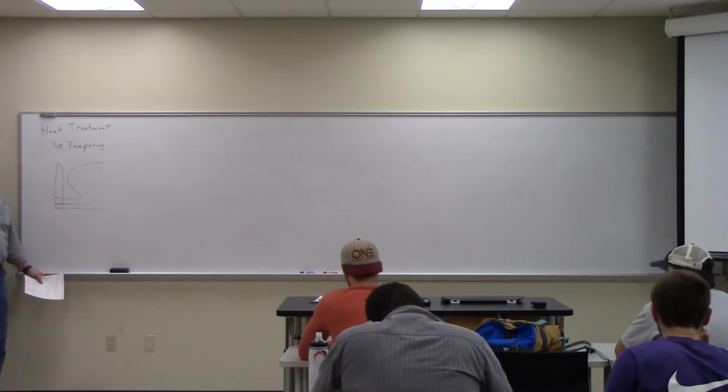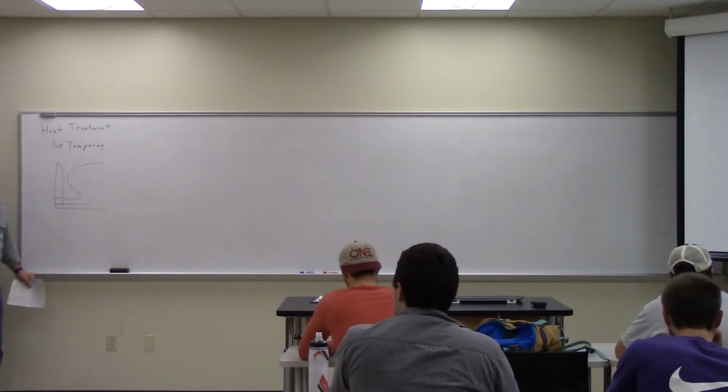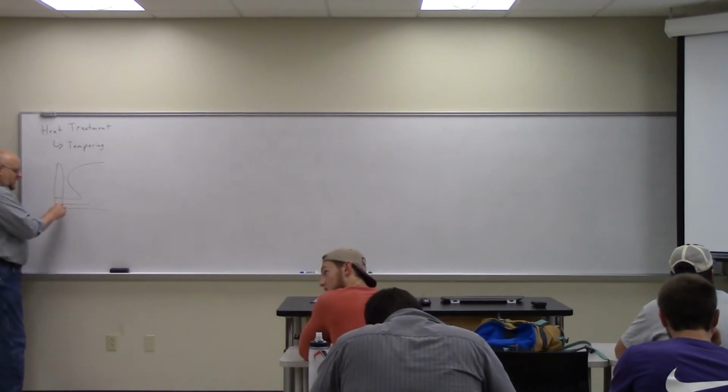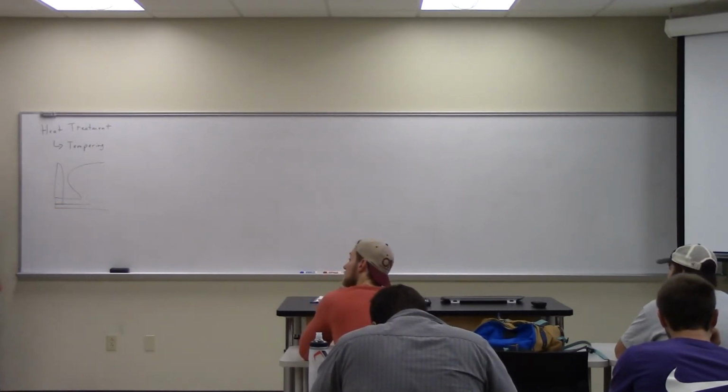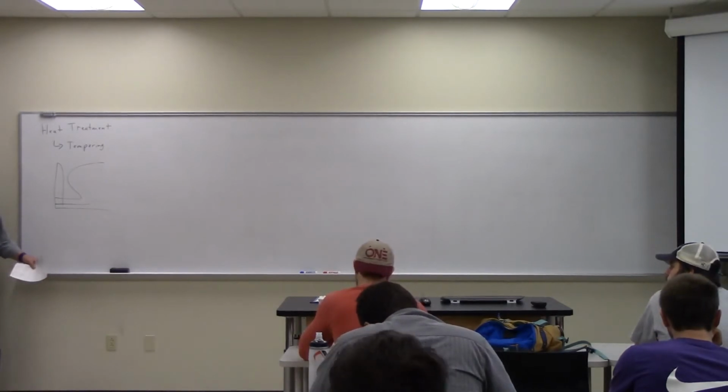And the 90% line was 130 or so degrees. So if you quench it down to room temperature quickly enough, then it's more than 90% martensite, more than 90% of this brittle, body-centered tetragonal structure.